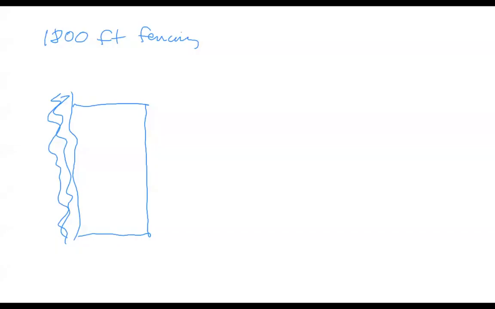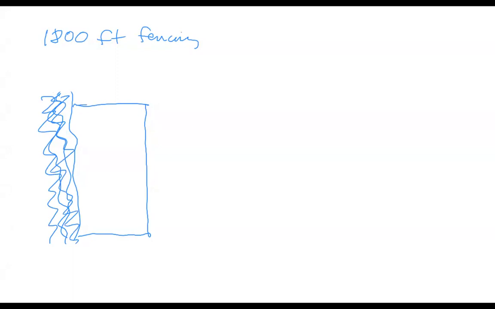In a problem like this, you kind of want to write down all the pertinent information and then draw a picture. And you can see my horrible river over here. Let me undo that, actually. Okay, here we go. So my raging river on one side, and then we have our land here, but it's basically rectangular.